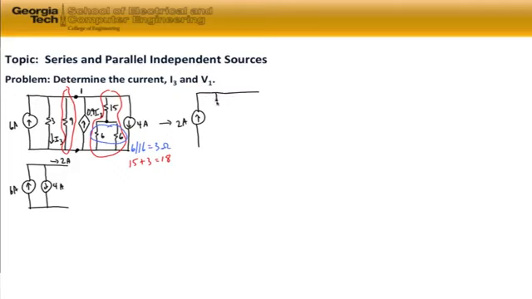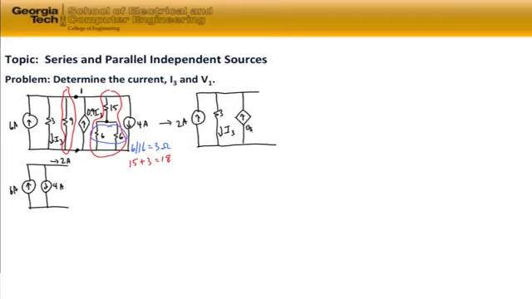We still have our 3 ohm resistor. The reason we didn't combine it with our other resistors is because we're looking for the current through that resistance, so we don't want to lose our ability to solve for I3. We've already combined our current sources.